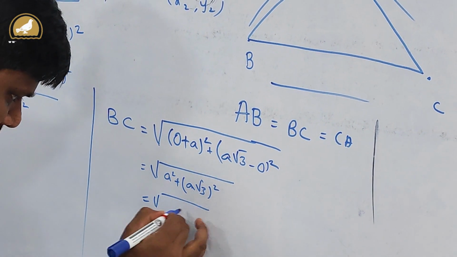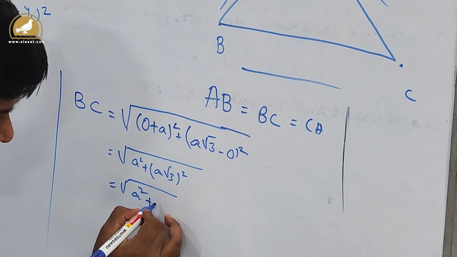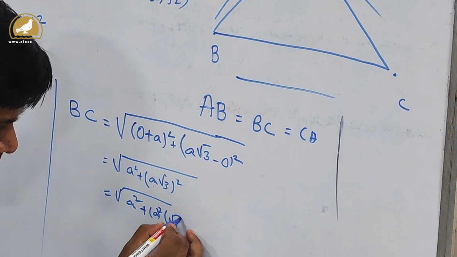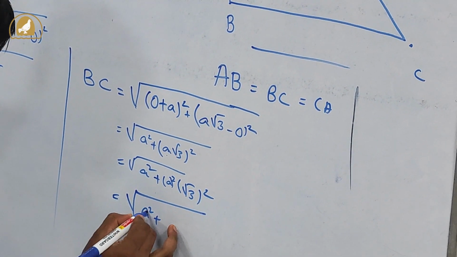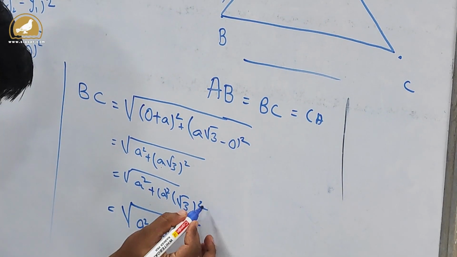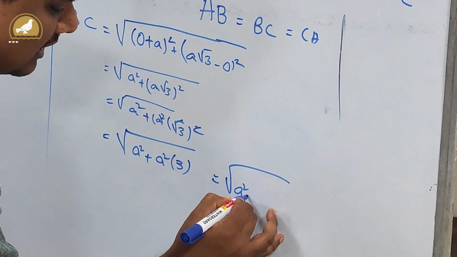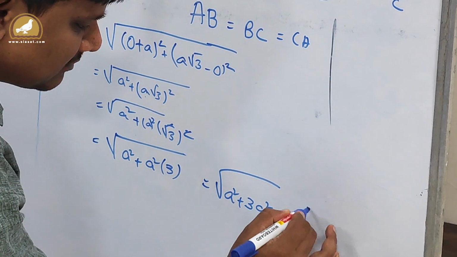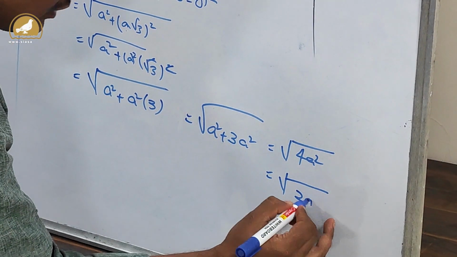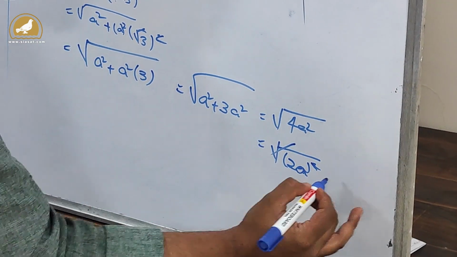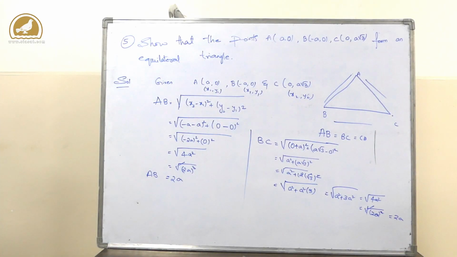This I can write as root a square plus a square into root 3 square, which is a square plus 3a square. This is nothing but root 4a square. This I can write as under root of 2a whole square. Square and root cancel. I got the value of BC as 2a.